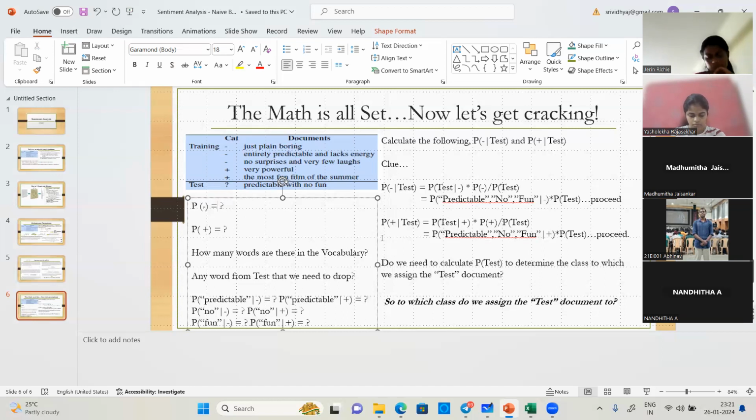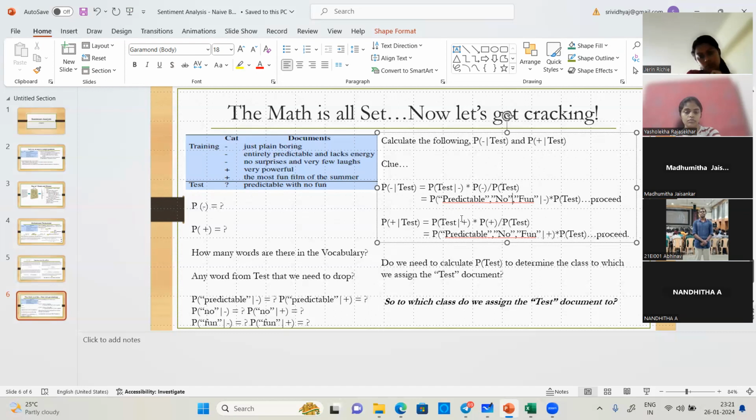Okay. So we've already figured out this bit. No problem. And as we discussed before, we don't need to worry about this because it occurs at both places. So you don't need to worry about it.